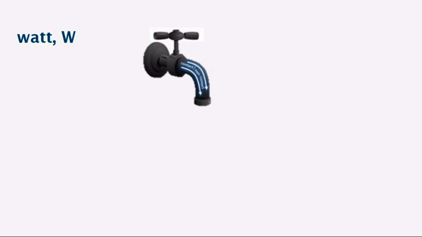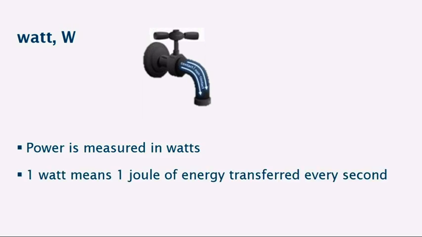When we measure power, we use the unit watt, and that's a capital W because it's named after James Watt, who developed some of the early steam engines. 1 watt is when 1 joule of energy is transferred in 1 second.